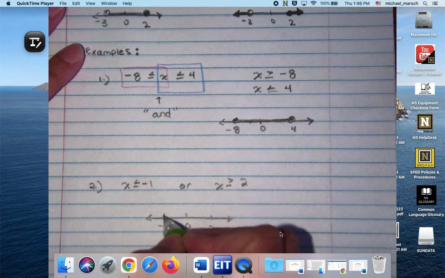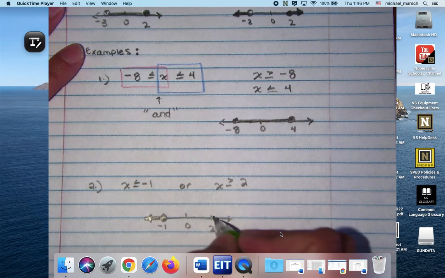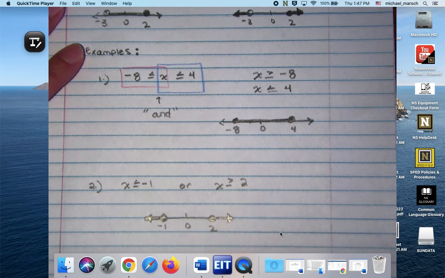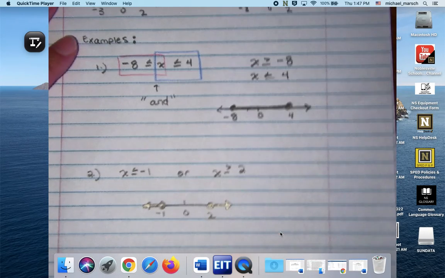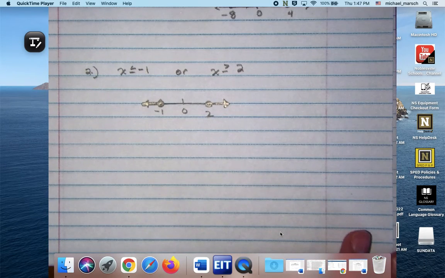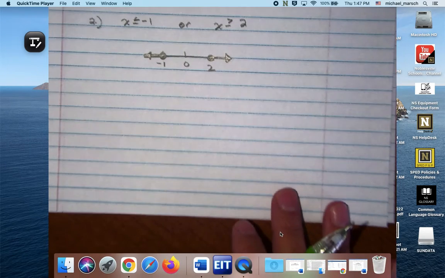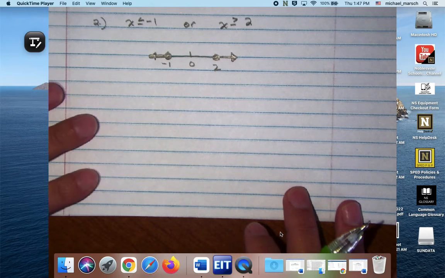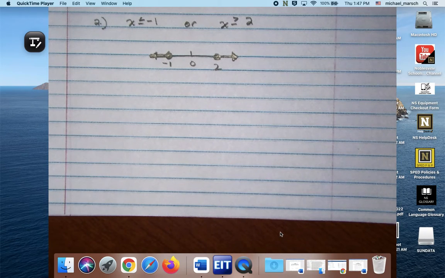So x is less than or equal to -1, or greater than or equal to 2. I don't have to do any color coding on this because it's just that obvious that it's going in opposite directions. There's nothing that overlaps.